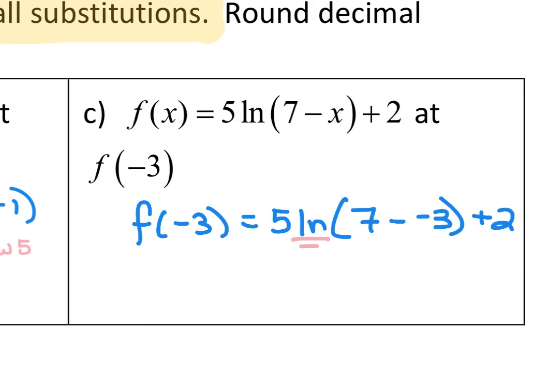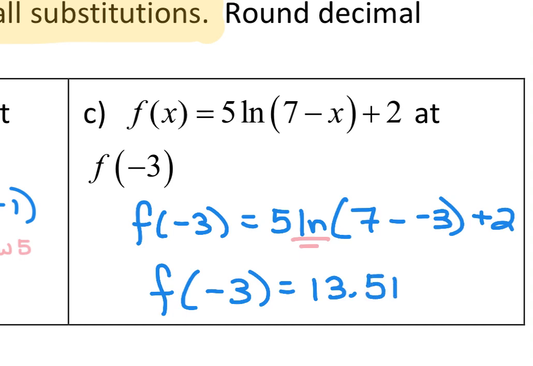So type in 5 times ln, and then it gives you the parentheses. Type 7 minus negative 3. Remember that the minus and the negative are 2 different buttons. And then plus 2. And you should get that f of negative 3 is 13.51.